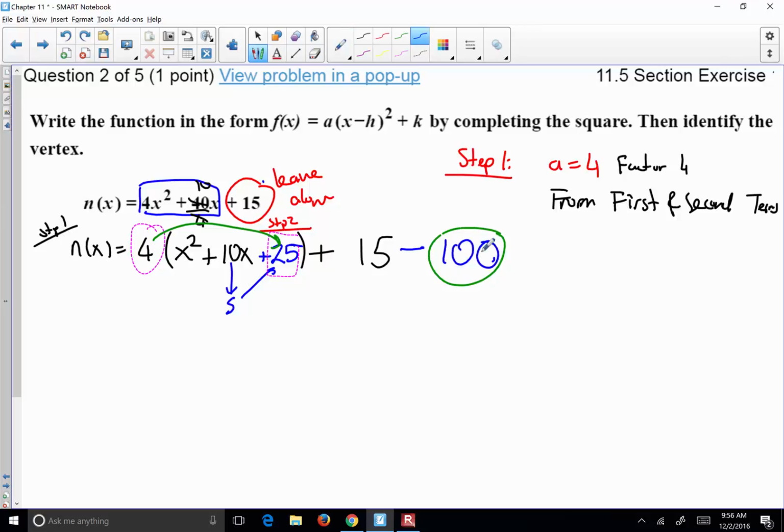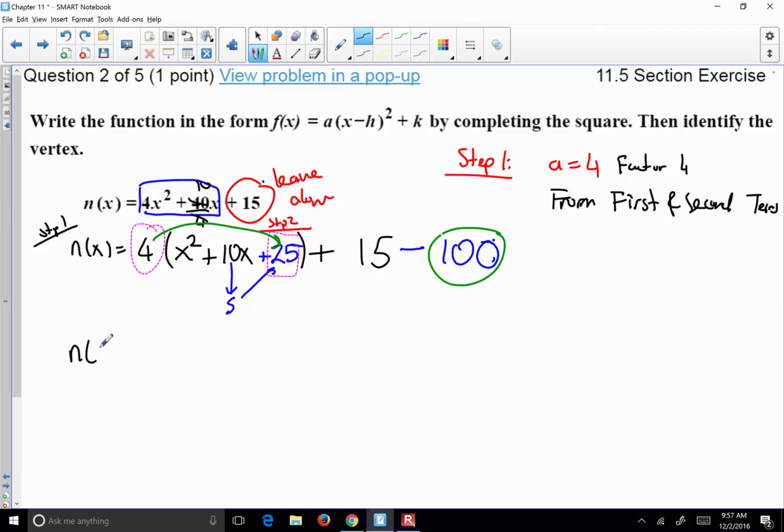So this is very important, okay? Most mistakes happen here. Oh, you add 25, you subtract 25 here? No. You added 4 times 25, so you need to take 100 off. Okay.